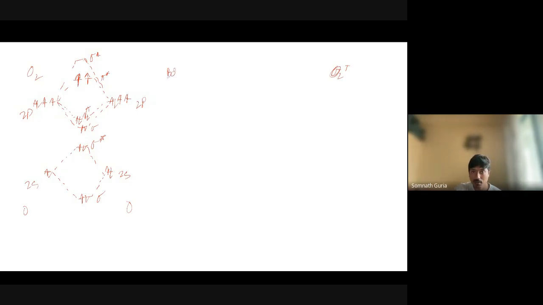The bond order will be half of 2 minus 2 plus 2 plus 4 minus 2, right? And that will give you 2.